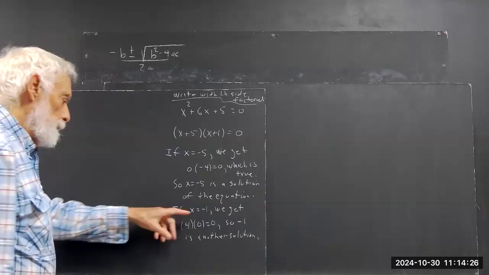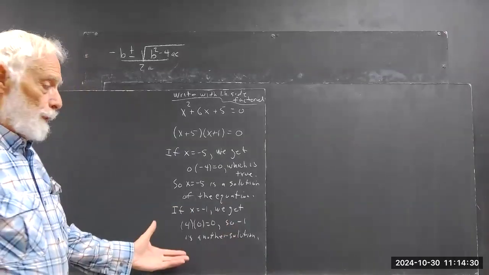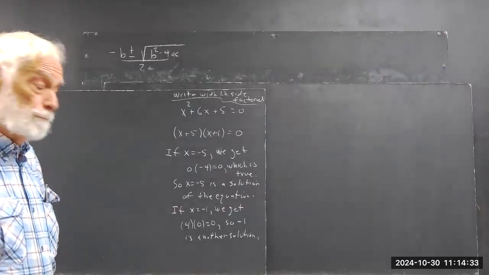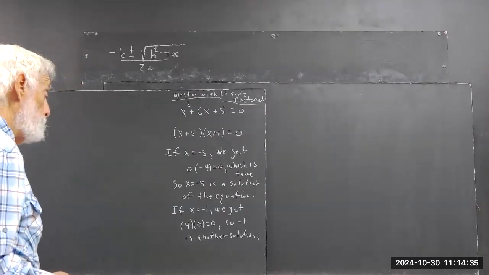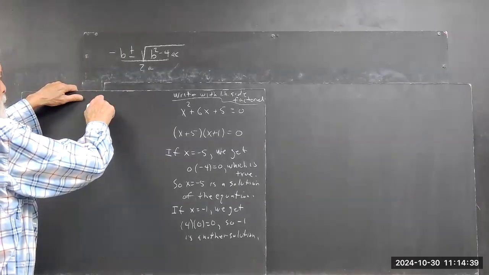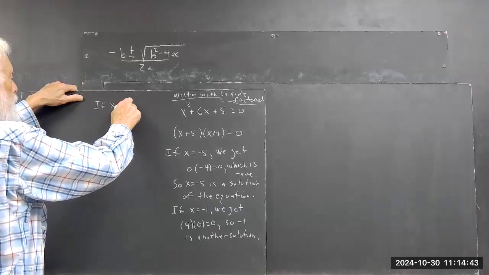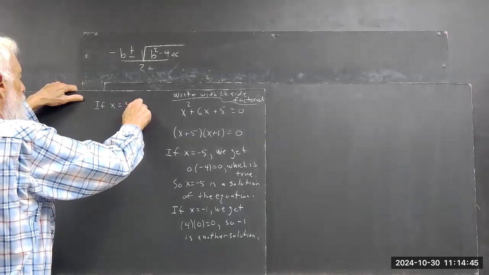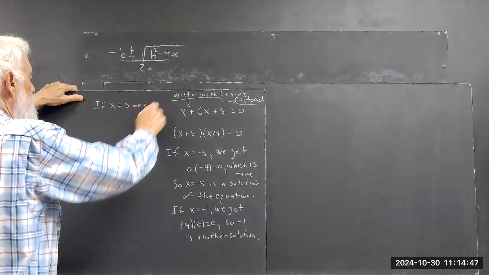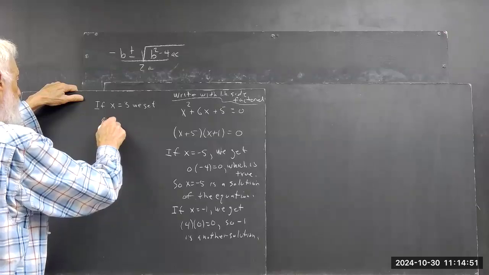We're going into a lot of detail there, but if x equals -1, we get 4 times 0 equals 0. So -1 is another solution. All right, well, if x equals 3, we get 3 plus 5 is 8.